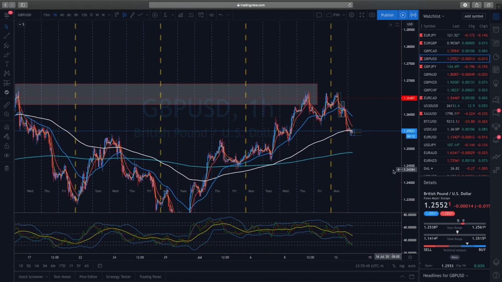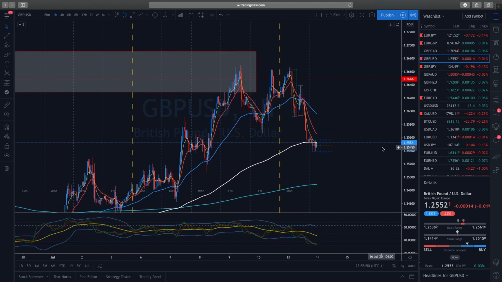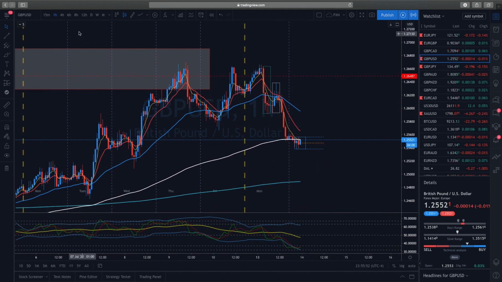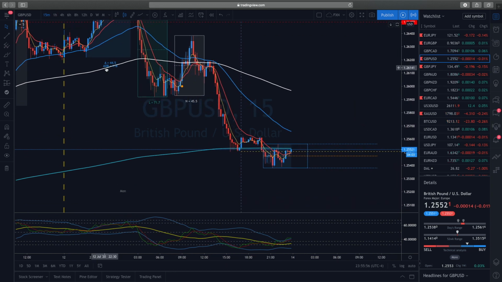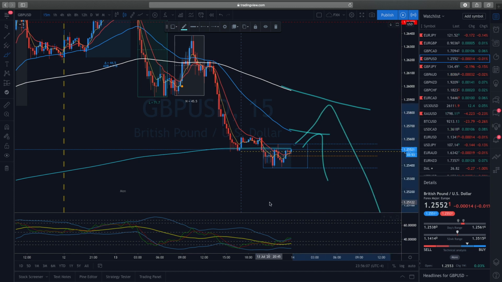So same kind of behavior I would be expecting out of Pound USD. I would want to get a type 1 setup here, either bouncing off of the 50 or the 200 and basically to drop. And that would confirm for you that it should be a trending cycle this week.